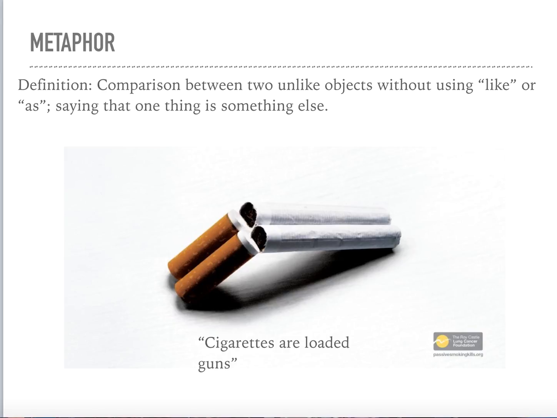So by saying cigarettes are loaded guns, the author is implying that cigarettes can kill people. So when we're looking at metaphor, like the definition says, we're comparing two unlike objects, saying that one thing is something else to try to really convey an underlying message.